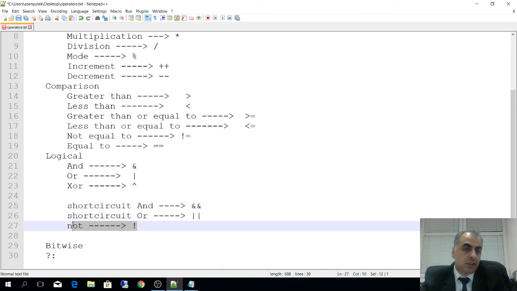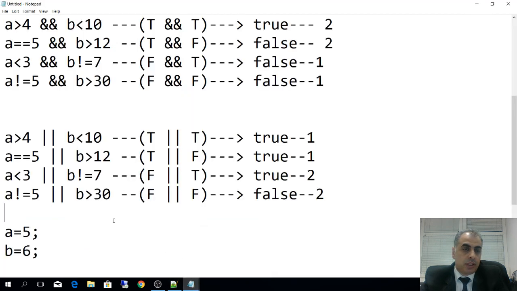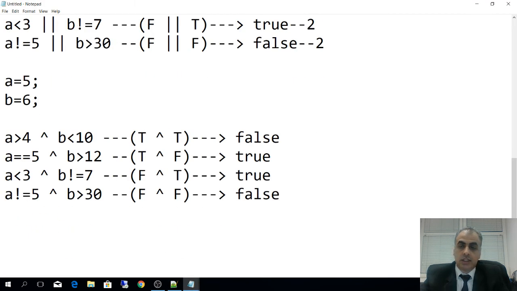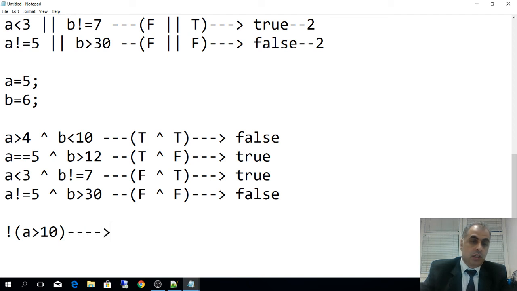And the last one is the NOT operator. How does it work? If it is true, the result is going to be false. If it is false, the result is going to be true. It is simpler to write like this: A is greater than 10. What is the result of this? Is A greater than 10?